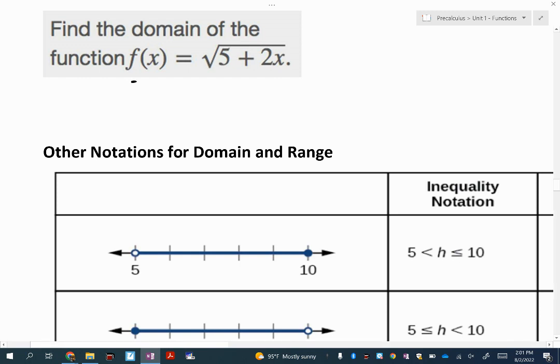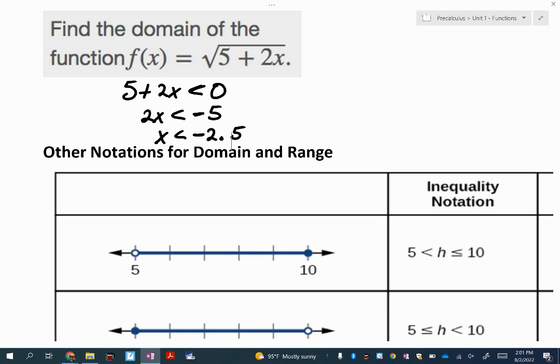So I'm going to set my radicand less than 0, because if I get any value less than 0, I know that's an issue. I move over the 5 to get -5, and then divide by 2 to get -2.5. So if I have any x values that are less than -2.5, I know that I'm going to end up having an issue.